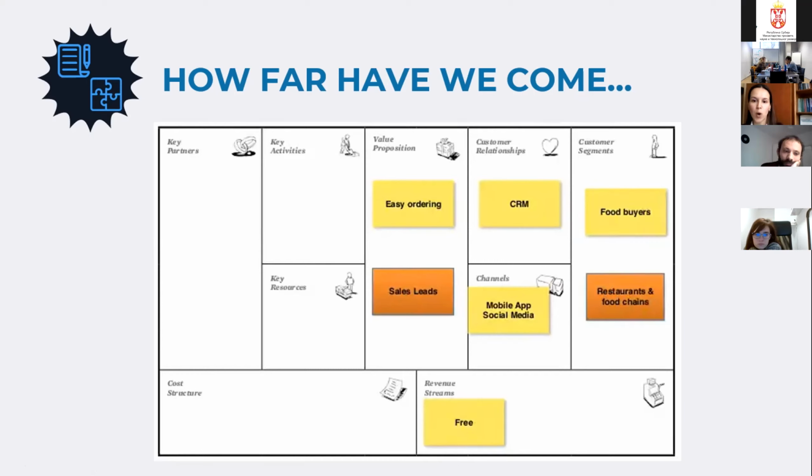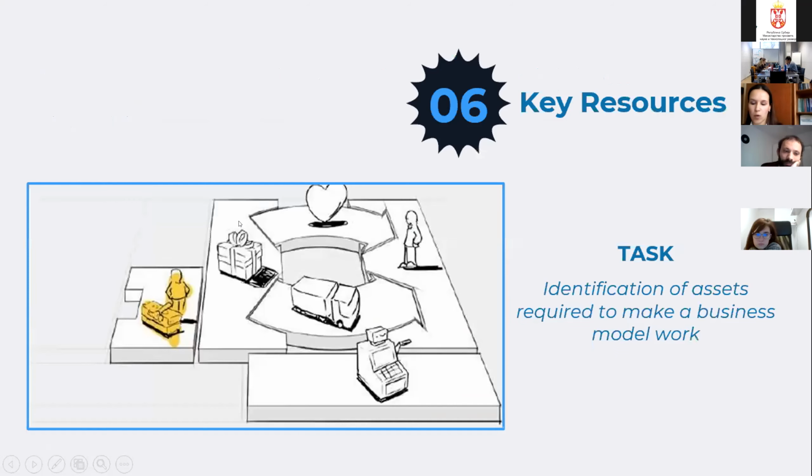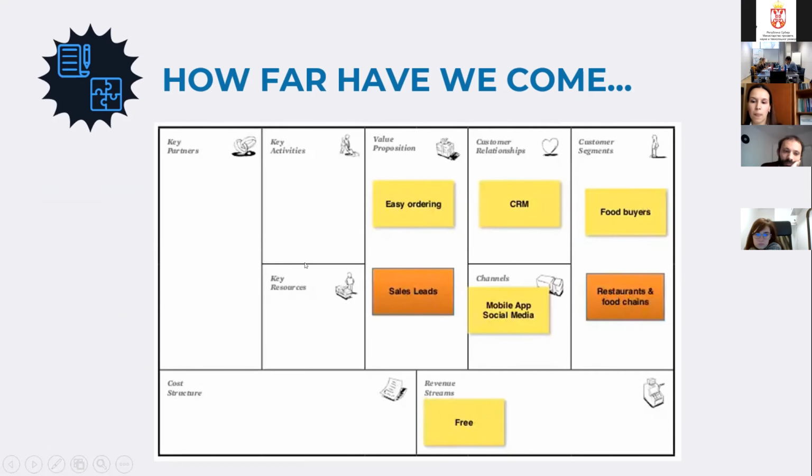We must see what resources, activities, and partners we need in order to deliver this value proposition to our identified customer segments. So now we will talk about 4 segments of the business model canvas: key resources, key activities, key partners, and the cost structure.